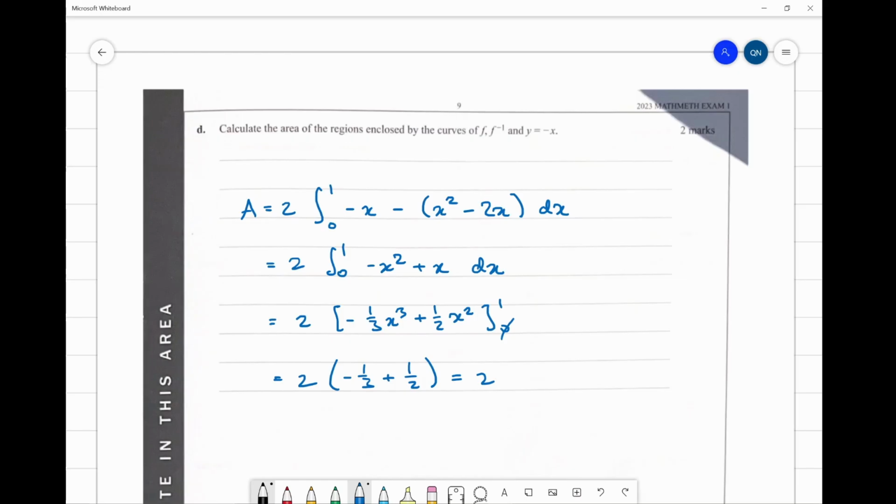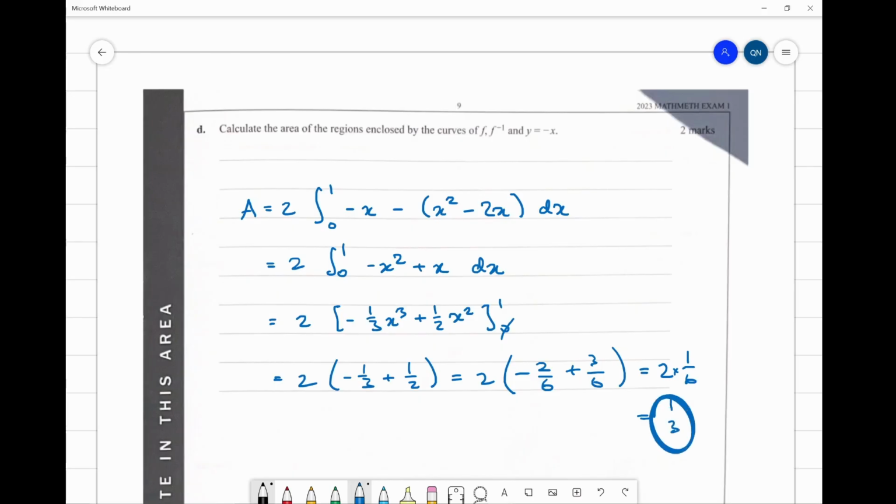I think that's, let's just calculate it. I can't do fractions. What's a third? That's 2/6. And then we have plus 3/6, and that's 2 times 1/6. So negative 2 plus 3 is 1 over 6. Yeah, that should be right. So the answer is 1/3.